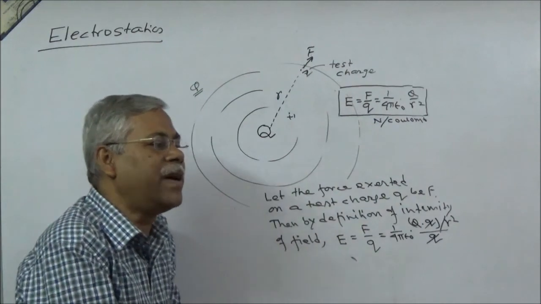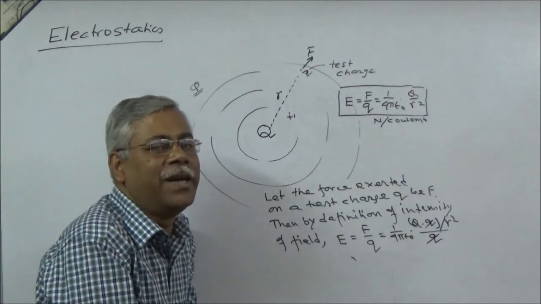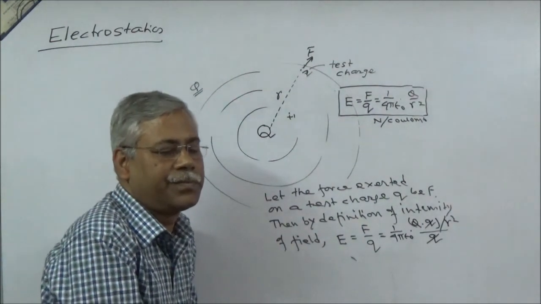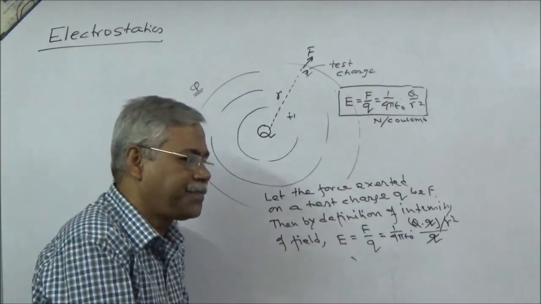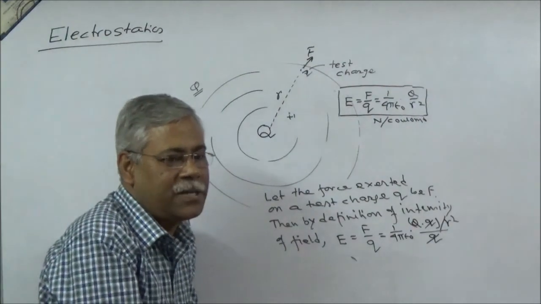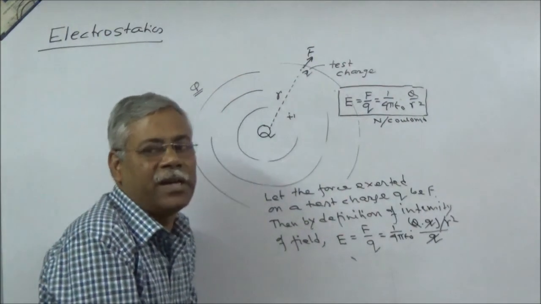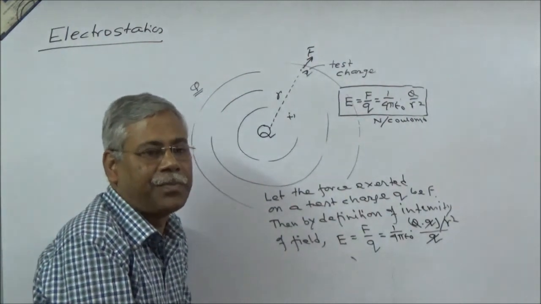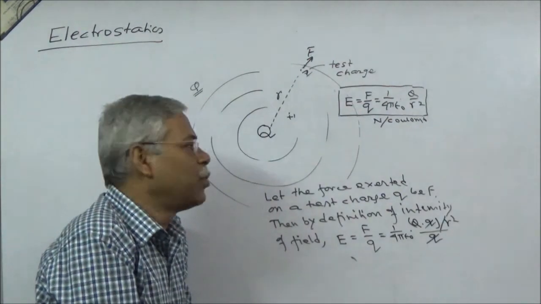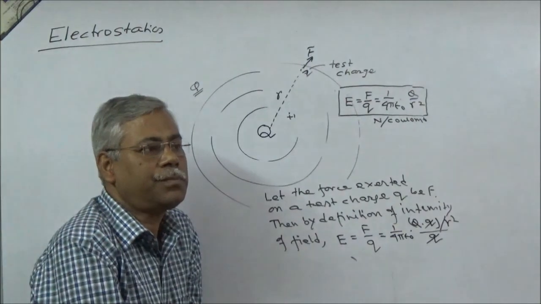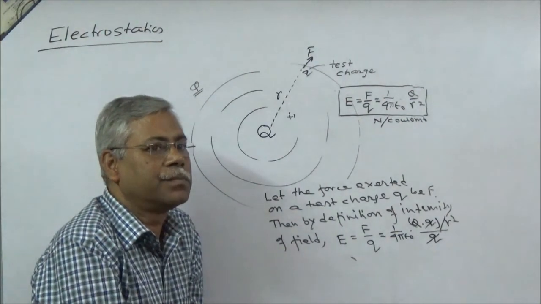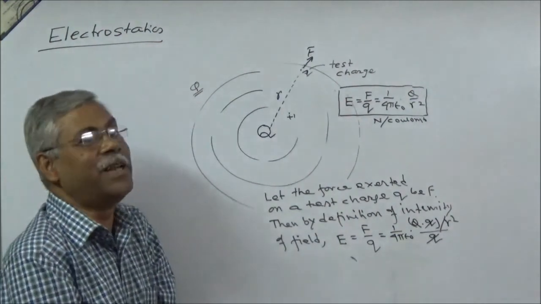Intensity of field is a vector quantity. What is its direction?